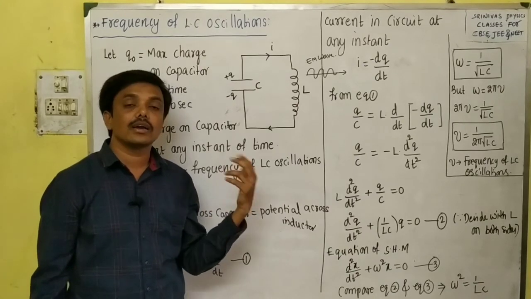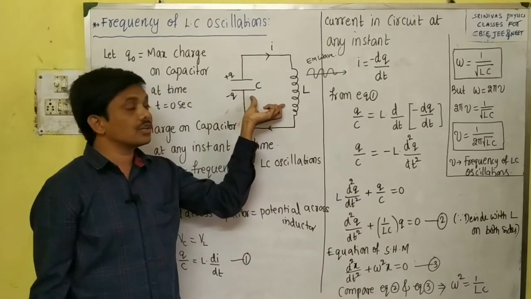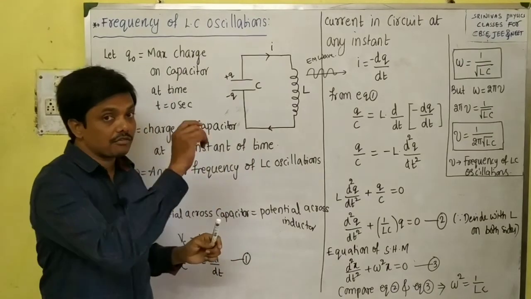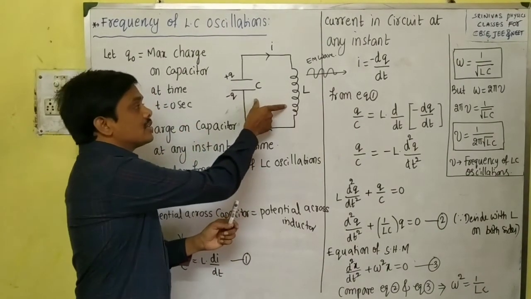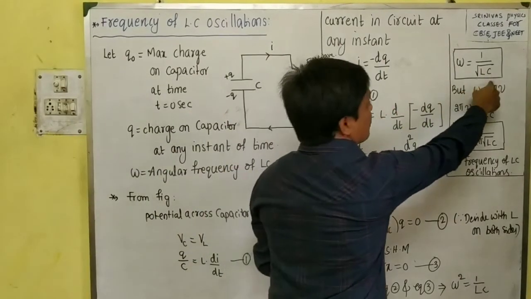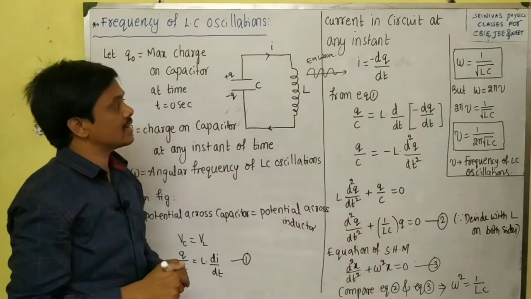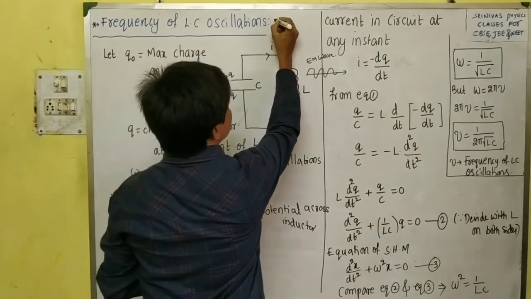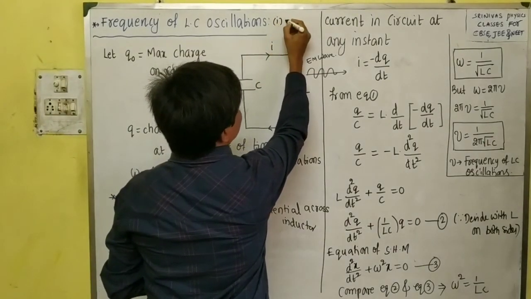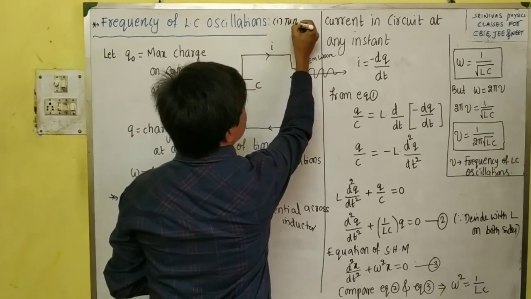This is used in the tuning circuit. We set a certain frequency in our radio, and by changing the inductance and capacitance, we can set it for that frequency. That means this is used in tuning the circuit.